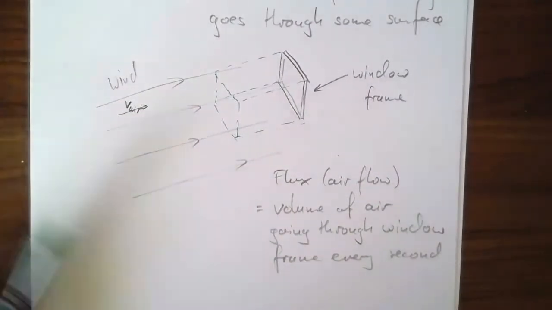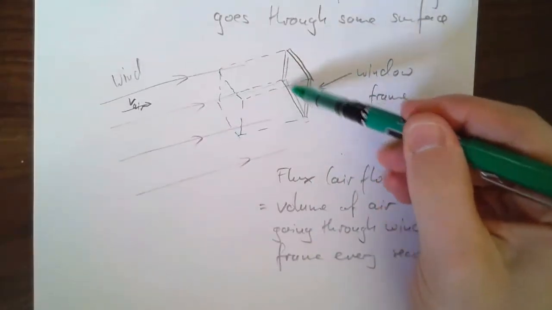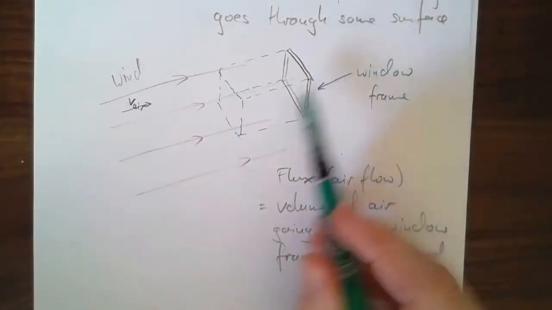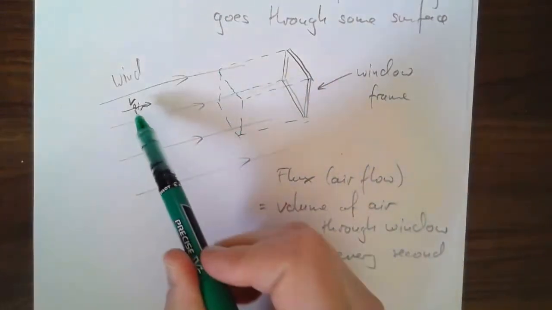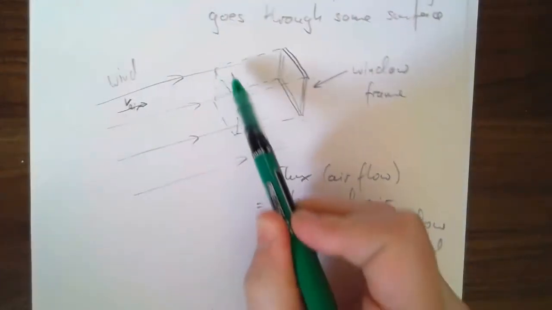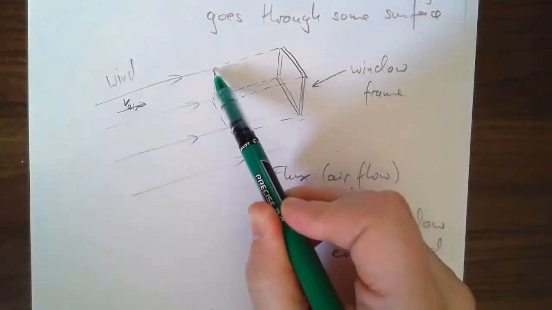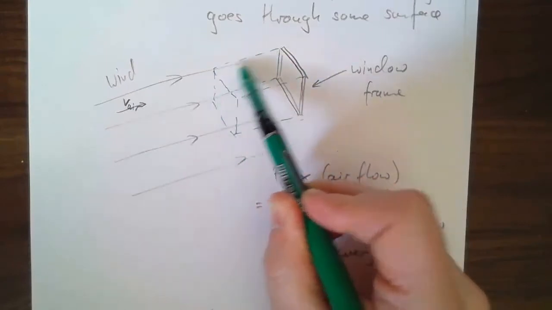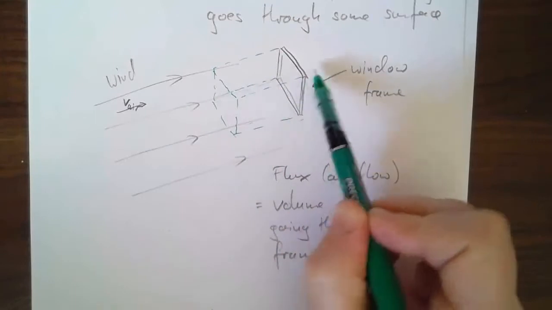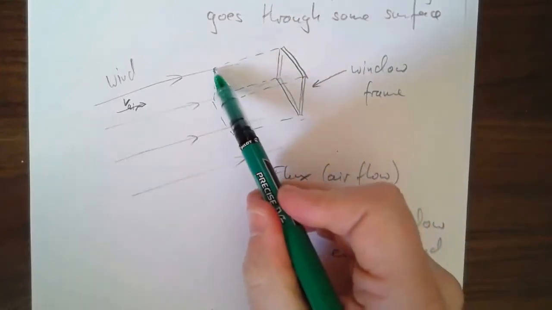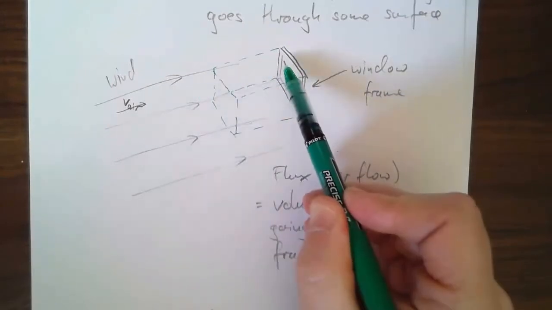And so in that case, the volume of air would be the area of this times the length of this. But the length of this is just the speed, right? Again, if the air is going 2 meters per second, then this has to be 2 meters long, so that everything inside it is going to make it through the window in the next second. The bit of air just to the left of it is not quite going to get there in the first second.